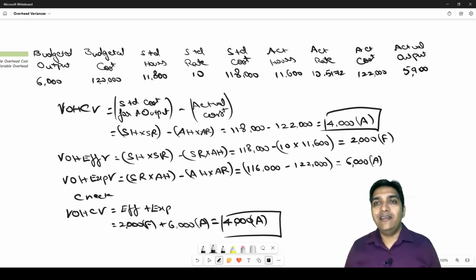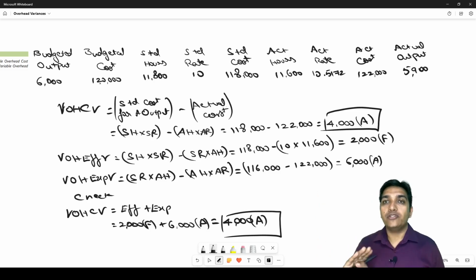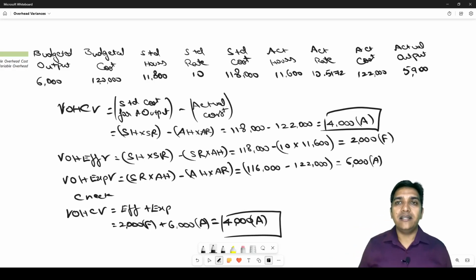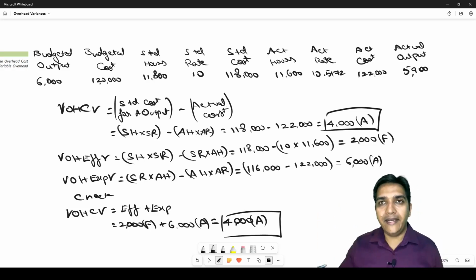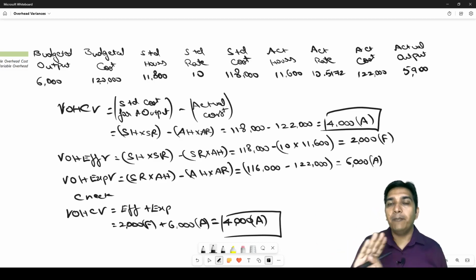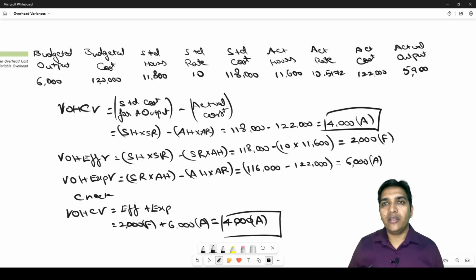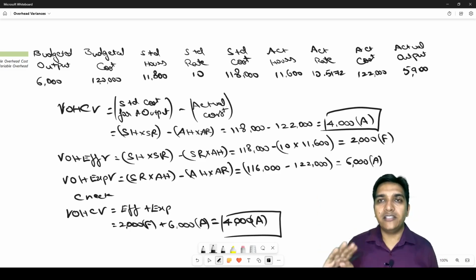Whenever we compute any variance, it is always based on my actual output, not on my budgets. Through the budget, I can only identify what rate I should use, not the number of hours. I can estimate, okay, I am planning to manufacture 6,000 units.